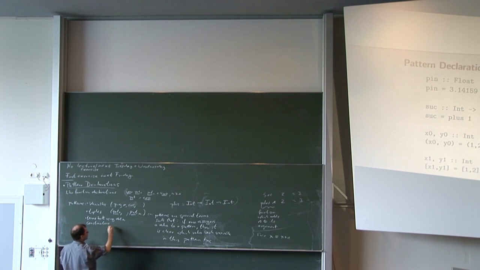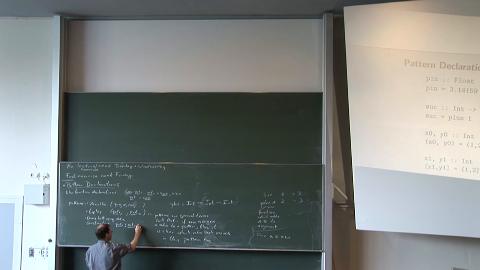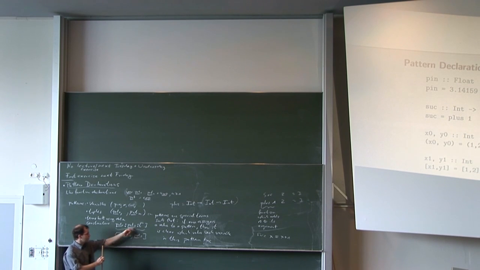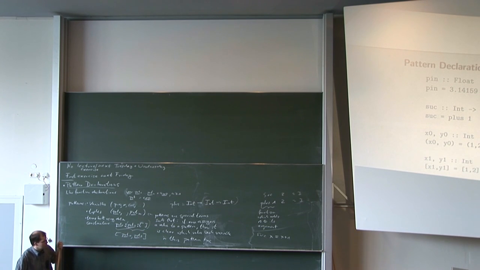So for example, it could be a pattern like take pattern 1, and then you use the data constructor colon, and then you take pattern 2, and again the data constructor colon, and then the empty list. And this is the same as writing this shorthand notation, pattern 1, pattern 2. Now again, this colon operator associates to the right, so if you write this, then this is the same as writing that.